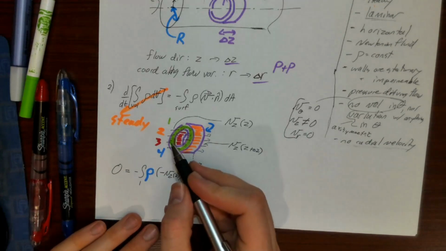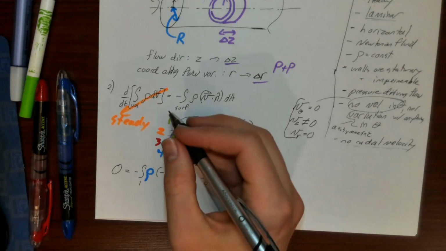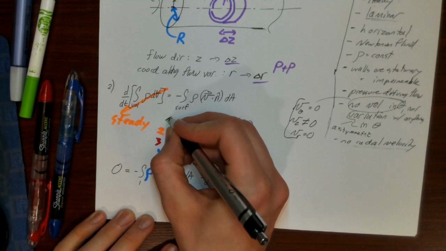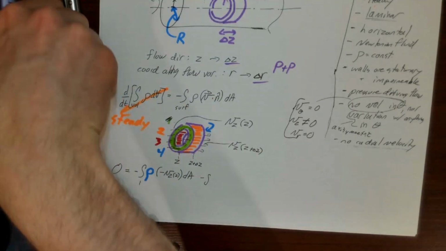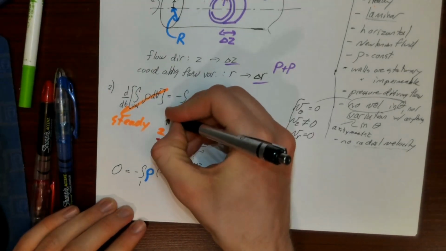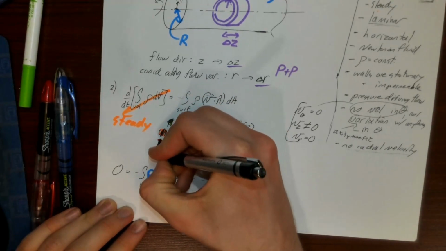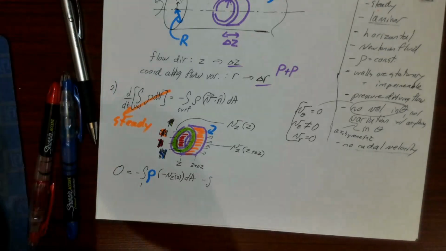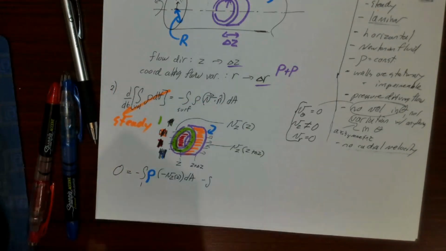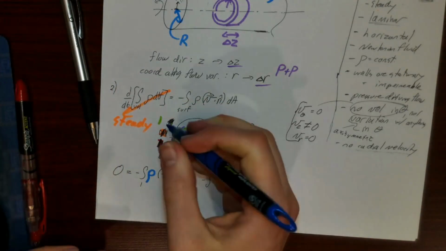Actually, sorry, I'm going to change the numbering a little bit to make it consistent with the notes. I'm still going to call the green surface 1. We're going to call the blue surface, the downstream surface, surface 2.